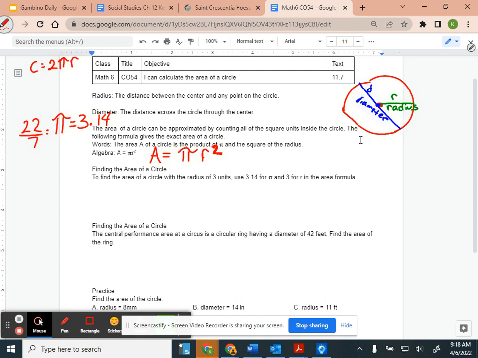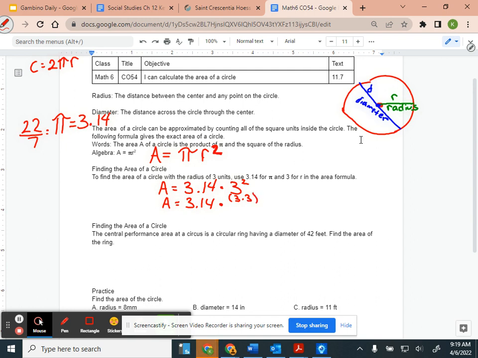Walk me through it, Brielle. And how do we find 3 squared? So we have 3.14 times 3 times 3.